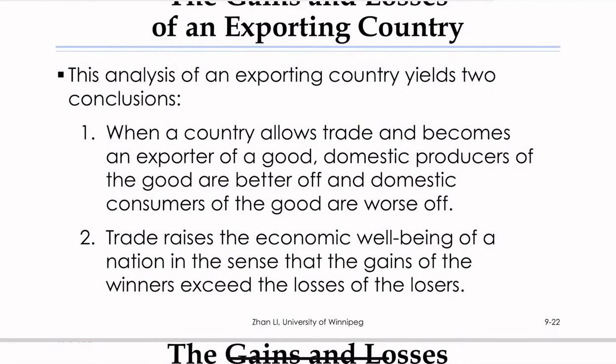So this implies that the gains, that is the increase in producer surplus, is larger than the decrease in the consumer surplus, which means for international trade, the gains of the winners exceed the losses of the losers. And you can see that in the case of becoming an exporter, who are the winners here? Well, producers, right? And who are the losers here? Consumers.